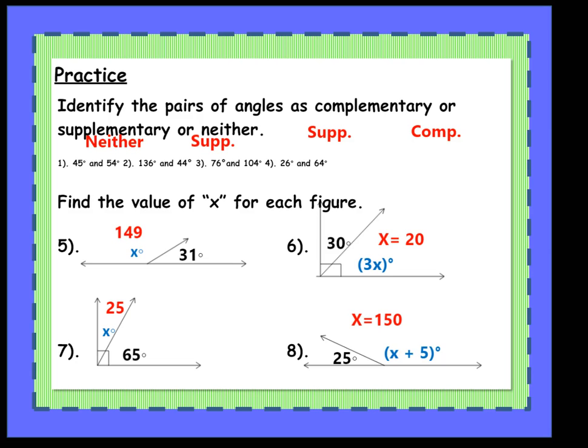So that equation looks like this. 25 plus x plus 5 equals 180. So they combine like terms, and they get x plus 30 equals 180. Then they subtract 30 from both sides. That 30 cancels, and you're left with x equals 150. So that's how you do those. Pretty simple.